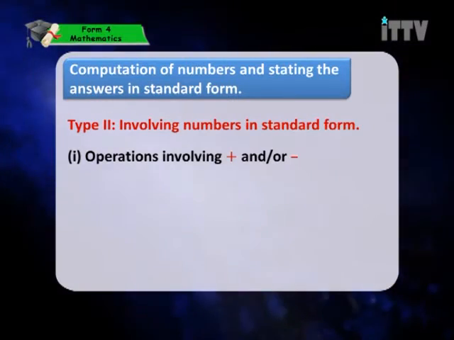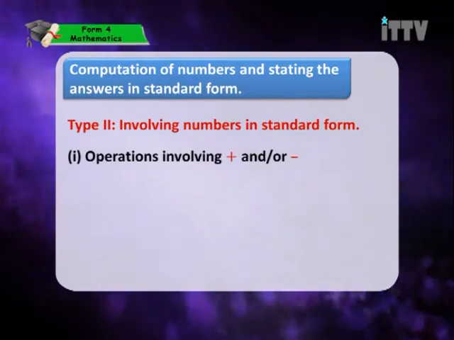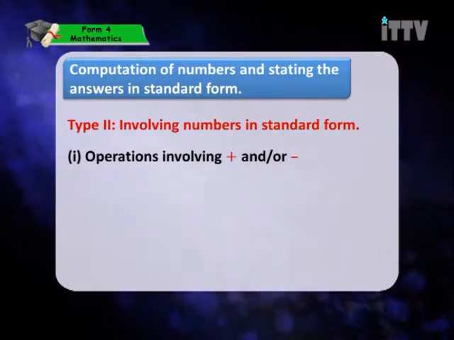Alright, in Lesson 5, we have looked at two types of computations involving numbers. The first one involves plain numbers, and addition, subtraction, multiplication or division. In type 2, it is actually involving numbers which have already been converted to standard form. So we have looked at type 2 where it involves multiplication and division.